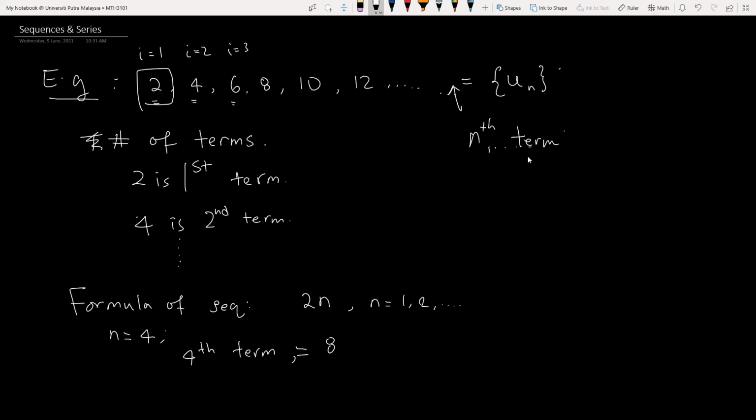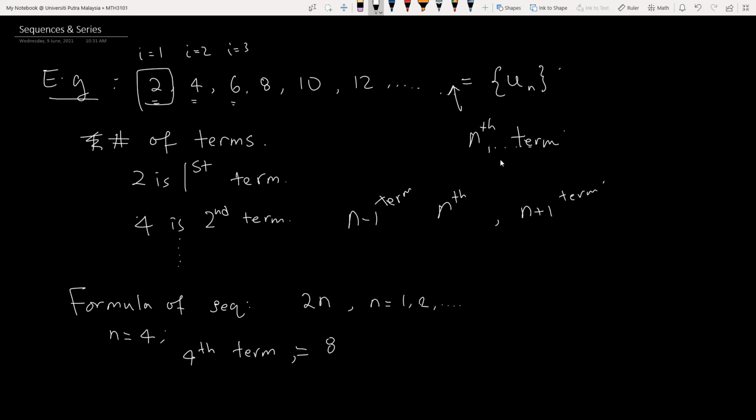Kalau saya nak merujuk kepada any number inside, I can say the first term, second term, and if I want to refer to an arbitrary number, saya boleh kata this is the nth term. The next after the nth term is the n plus 1 term, and so on. You can also have the n minus 1 term. So this is just the terminology.